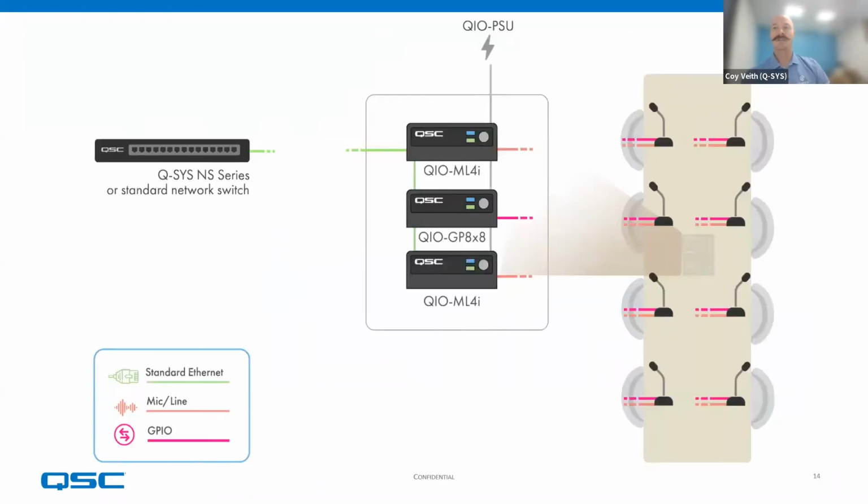So this little drawing kind of shows how you might use a couple of our units, maybe with a gooseneck microphone where you're driving logic and you also need to get that audio back to a core. You've got the ability to use maybe our GP 8x8 box that has contact closures or digital IOs on it, and then you've got the ML4.